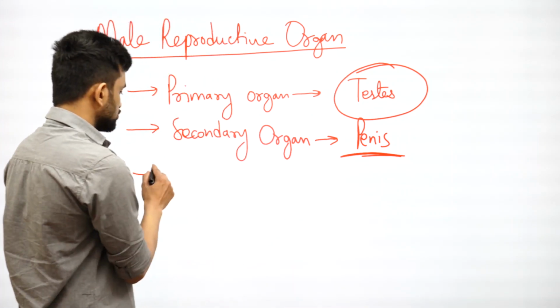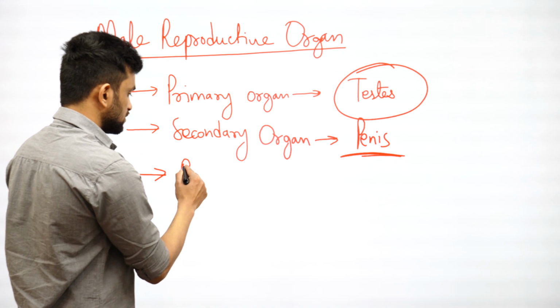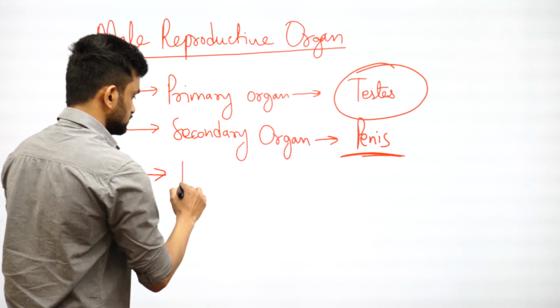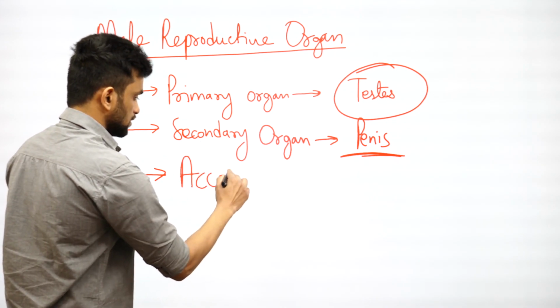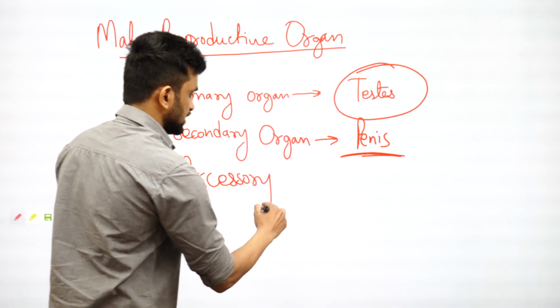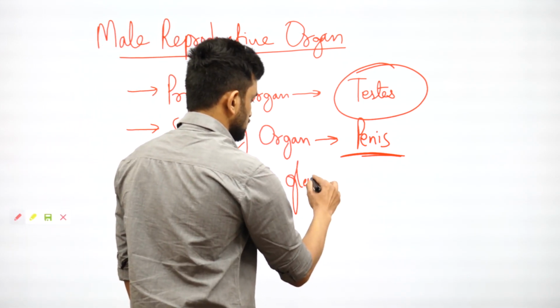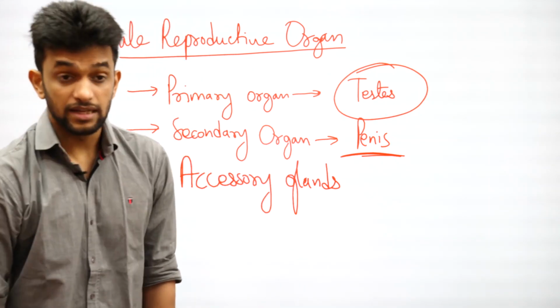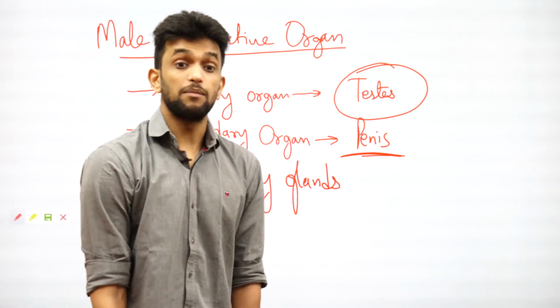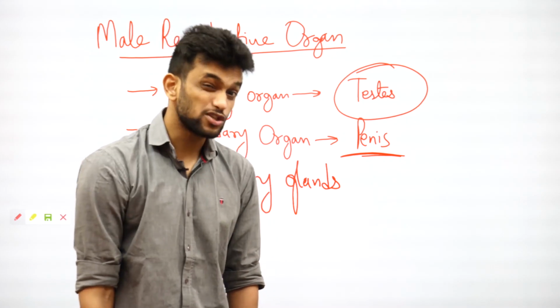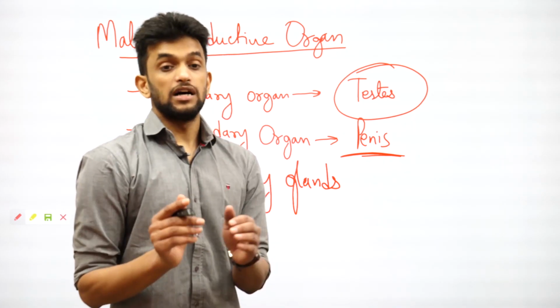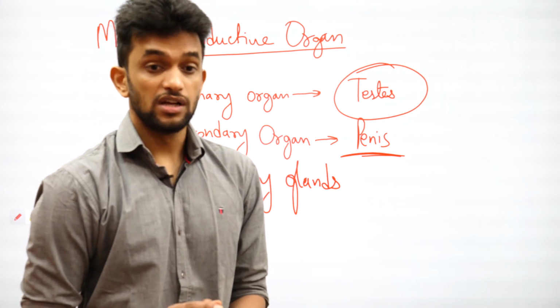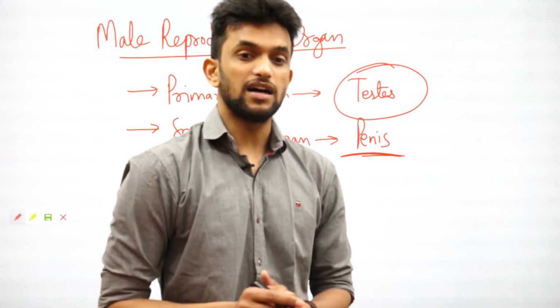Then what are the other things associated with the system? We have accessory glands: the prostate, the seminal vesicles and the bulbourethral glands. What do these glands do? They keep the sperms nourished by the time they reach and fertilize the egg.